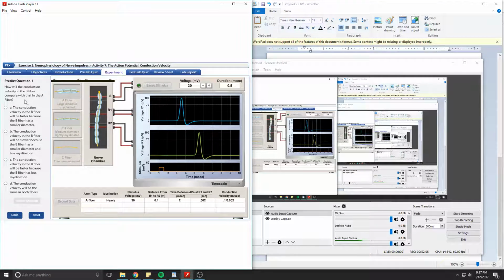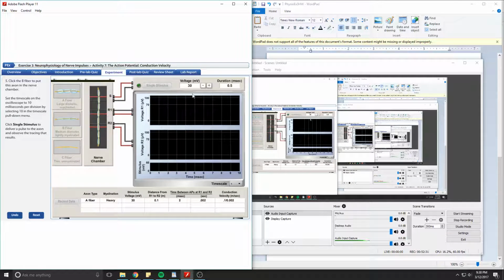How will the conduction velocity in B fiber compare to A? Oh, I don't know. Let's do slower.